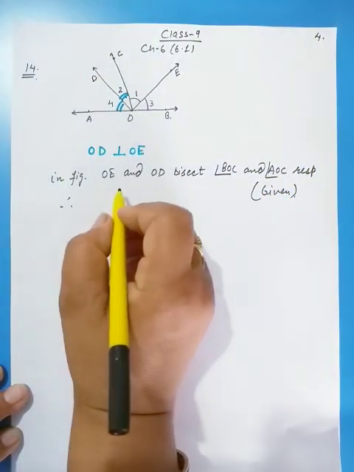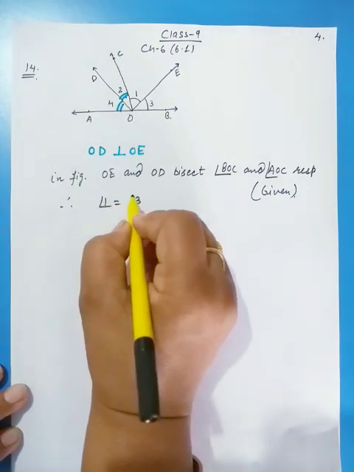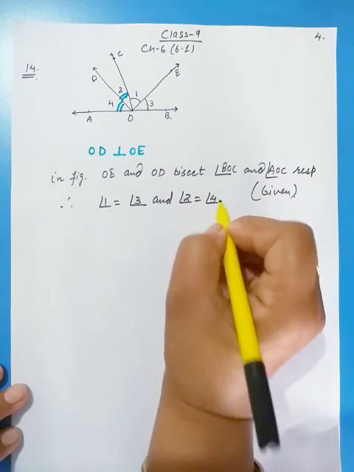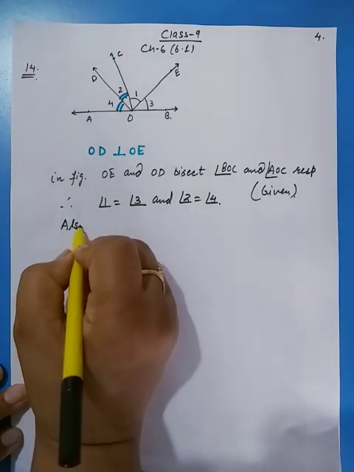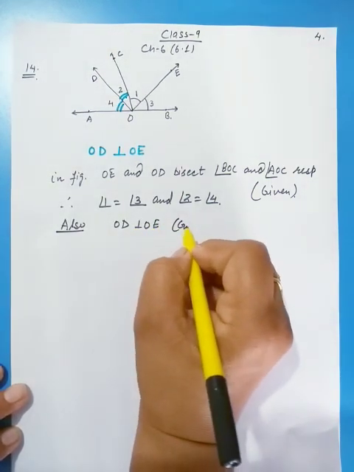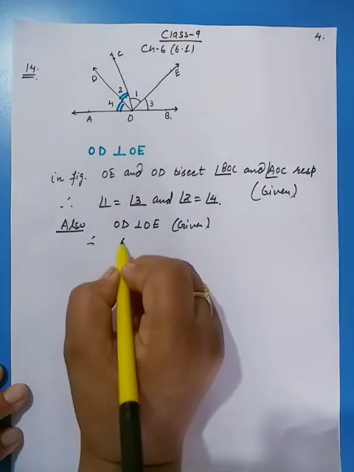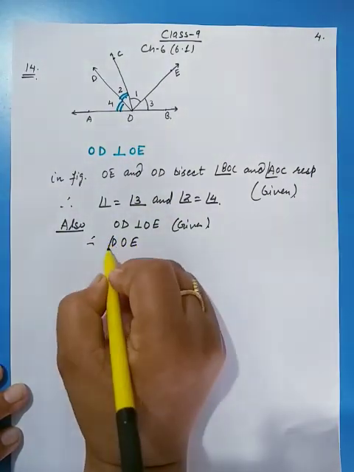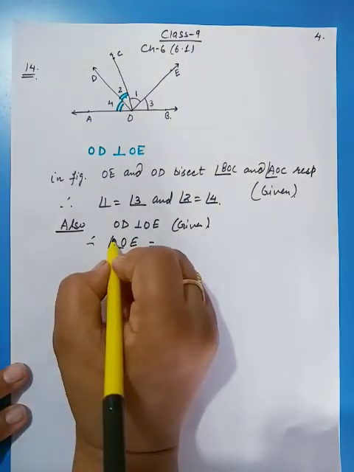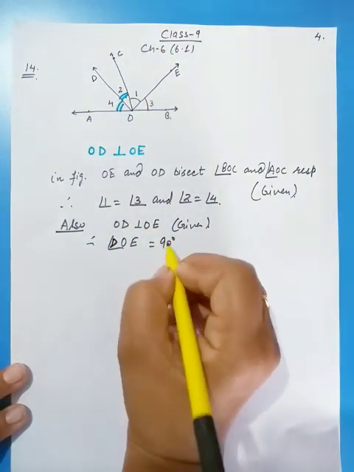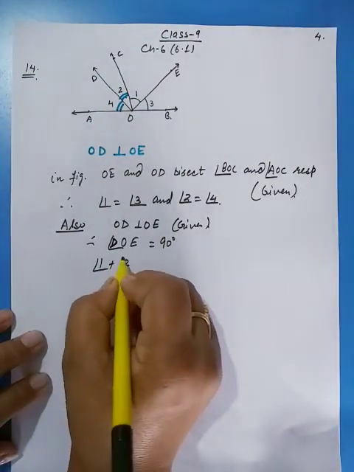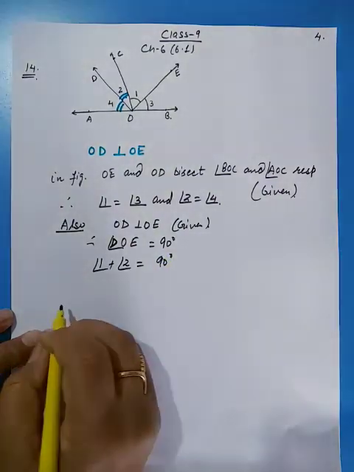So therefore according to the figure angle 1 will be equal to angle 3 and angle 2 will be equal to angle 4. Also, OD perpendicular to OE is also given. So therefore angle DOE at the point of intersection of OD and OE will be of 90 degree. And DOE is a mixture of angle 1 and 2, or you can say angle 1 plus angle 2 is equal to 90.